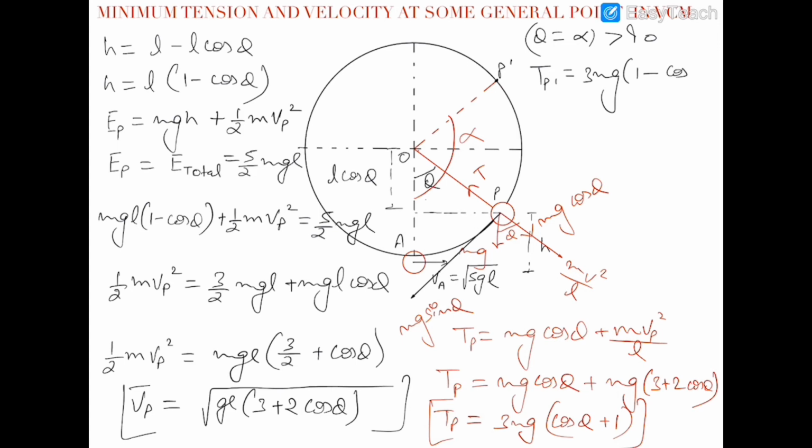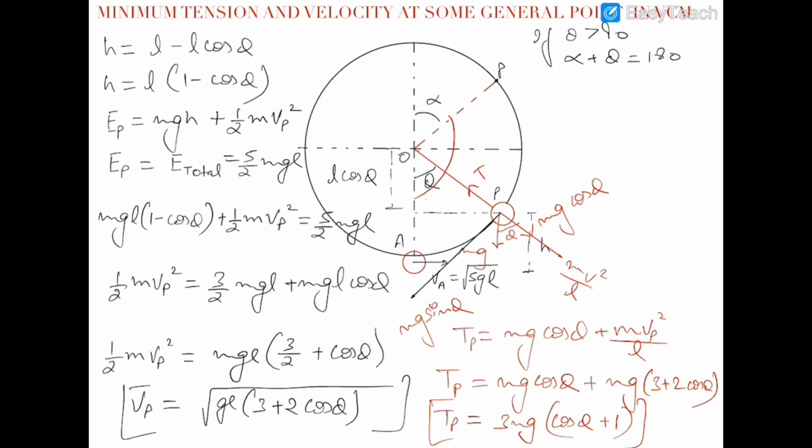Now we have already assumed this negative sign, so let us suppose that this angle is alpha and this bigger angle is theta itself, as theta is greater than 90. So if theta is greater than 90, then alpha plus theta is equal to 180.